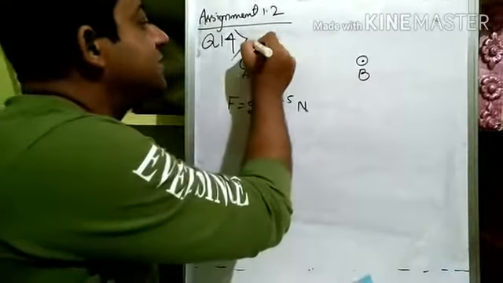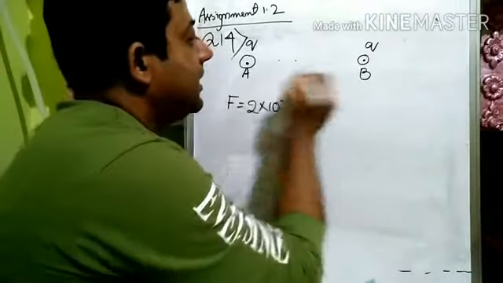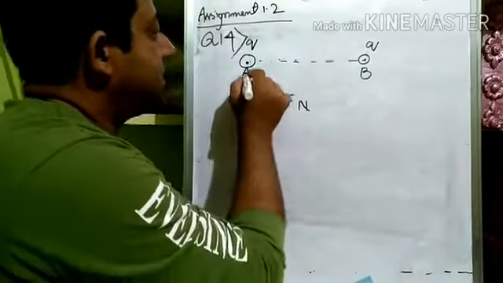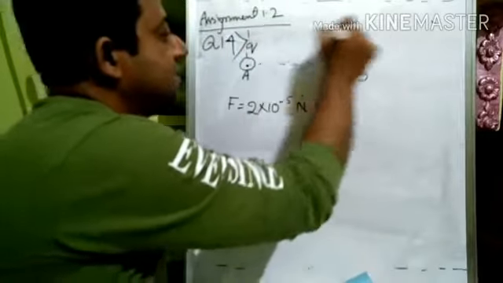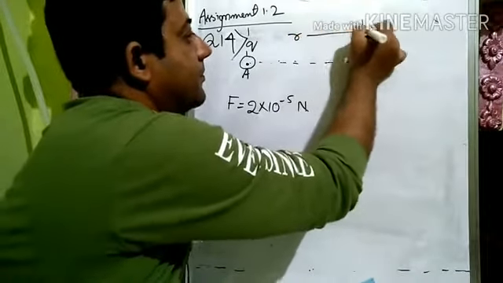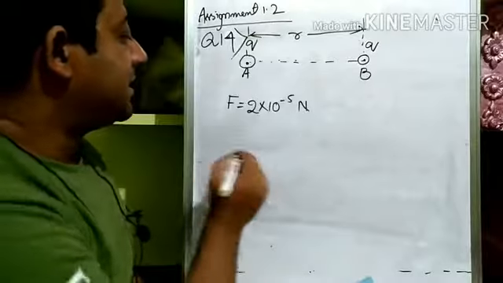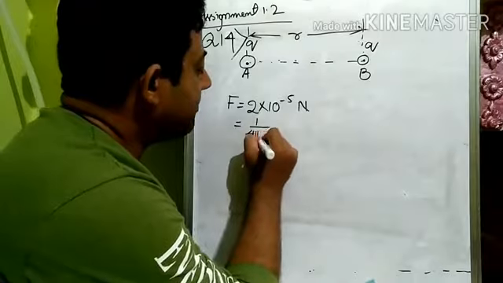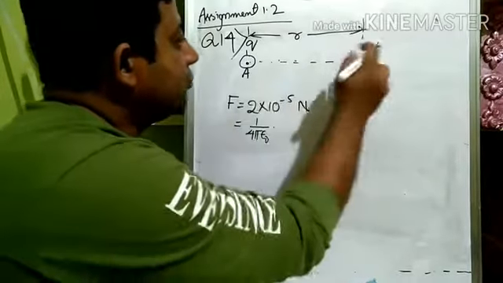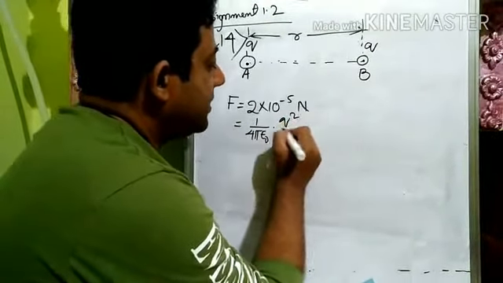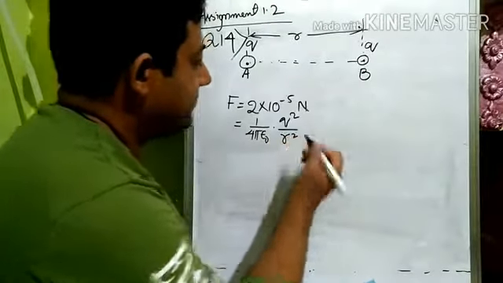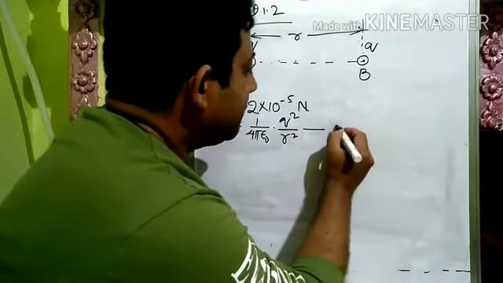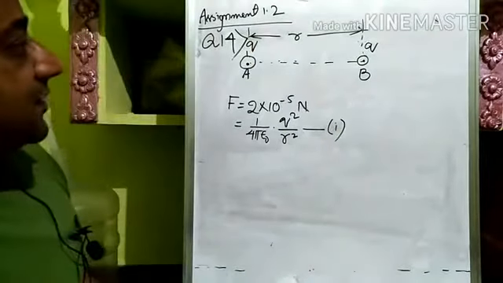Let us say each has charge Q, and the distance between them is R. Then the force between them is equal to 1 by 4 pi epsilon naught, Q1 Q2, Q into Q, Q square divided by R square. Yes or no? This is equation 1.